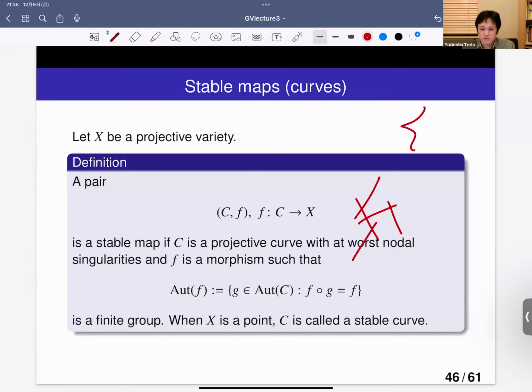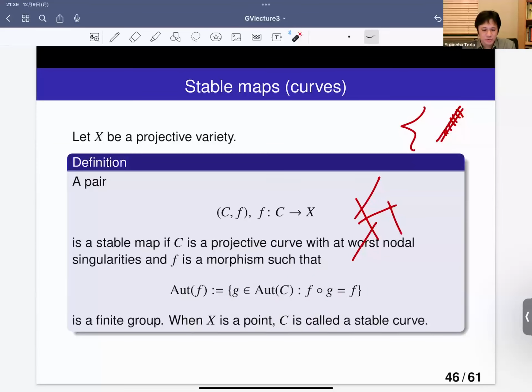So there might be some sort of singularity like this, or it may even be a non-reduced curve. But in considering stable maps, we assume that the curve has at worst nodal singularities. And the stability condition is that f is a morphism such that the automorphism group of this map is only a finite group.